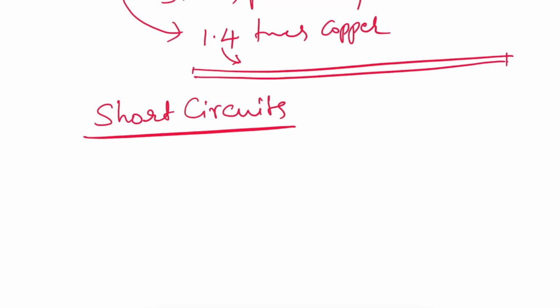So whenever short circuit occurs, these faults occur, large current flows through the conductor. Now what will happen? Anyway, copper will have better short circuit properties, but of course we need to consider in the short circuit condition what is the material that is surrounding the conductor.